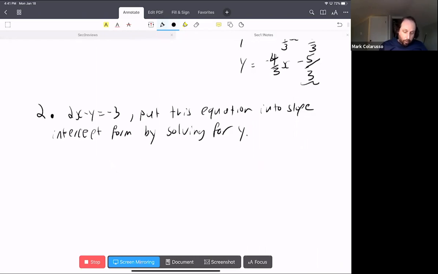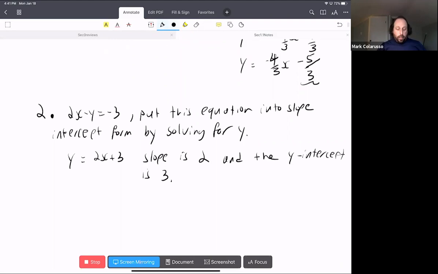So we get y equals 2x plus 3. So the slope is 2, and the y-intercept is 3. So this we could probably draw a fairly easy graph.